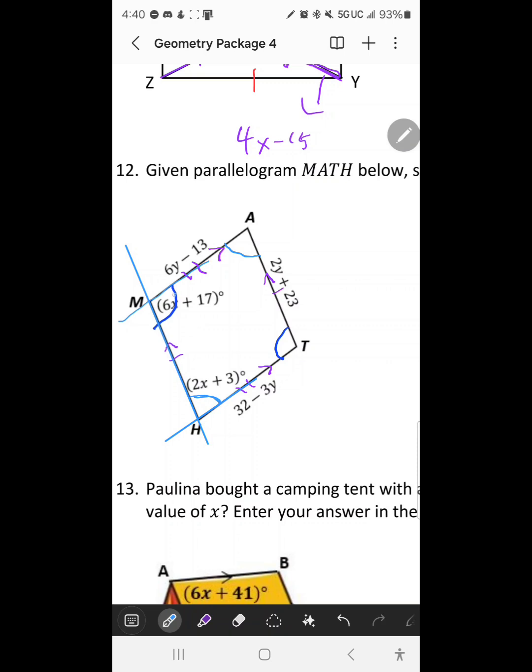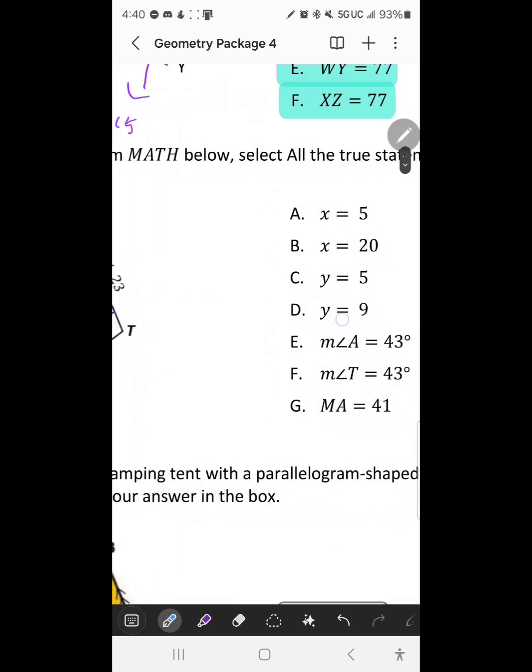I don't know if that's the name though. But the property is that the two interior angles right here on the same side add up to 180 degrees. Or you can just say that the adjacent angles in a parallelogram add up to 180 degrees. Either of the two, the easiest one for you. That actually rhymes.